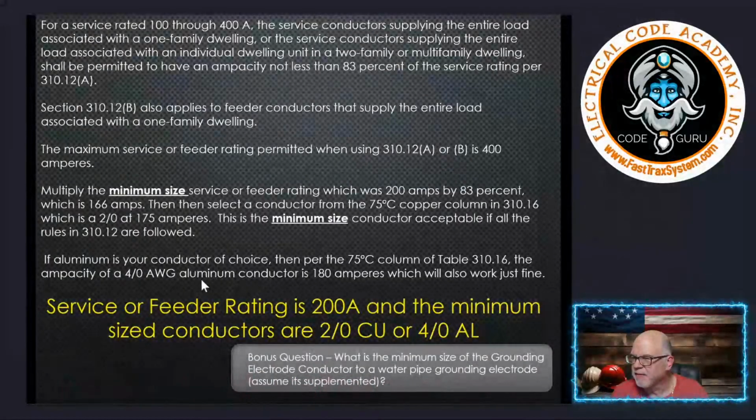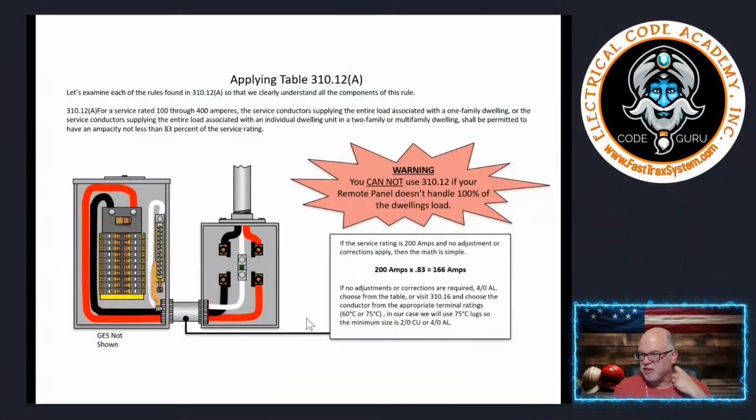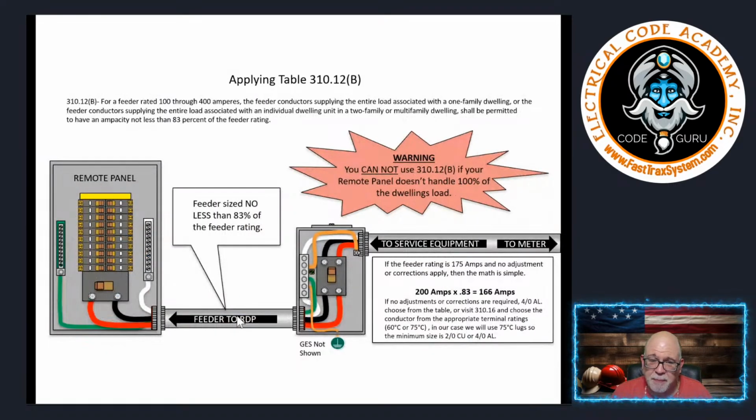Okay. All right, so this is an example I just went through where you take the 200 and multiply it by 83%, and that's how we got the 166. Okay, this most certainly applies here. This is an example of a feeder application, which we didn't look at, but the same rules apply. If this is a service coming in and this is the feeder, this feeder is seeing 100% of the load.